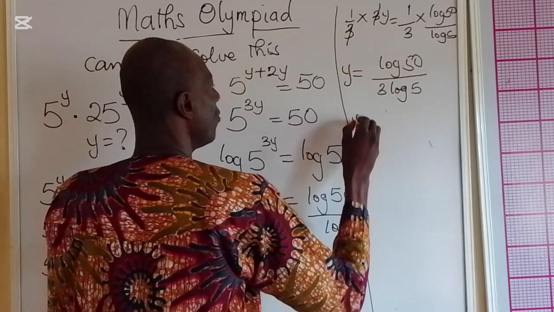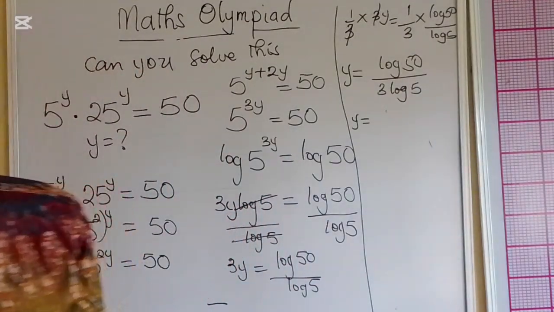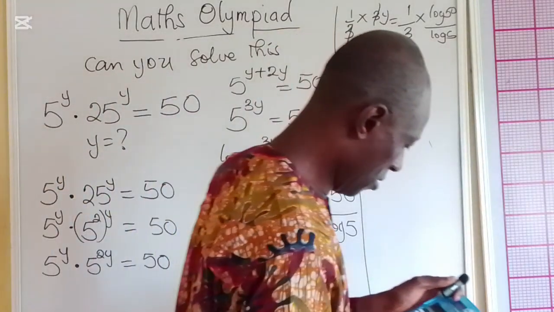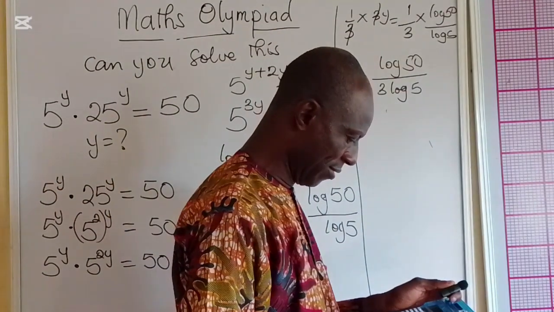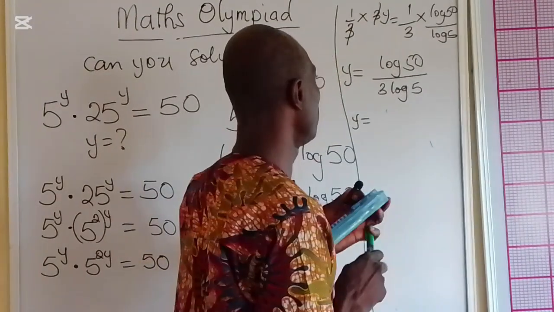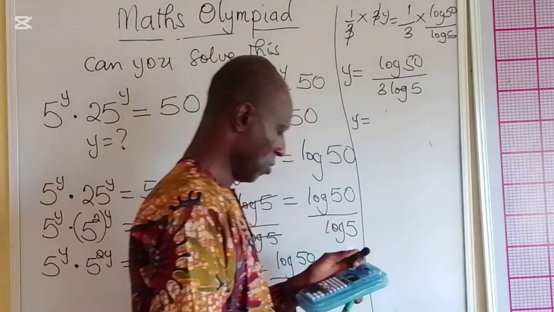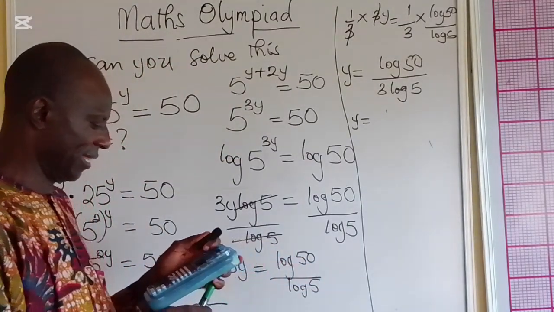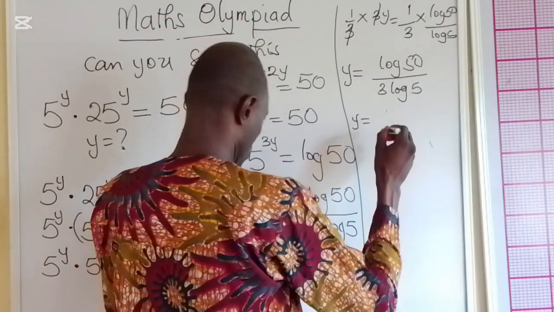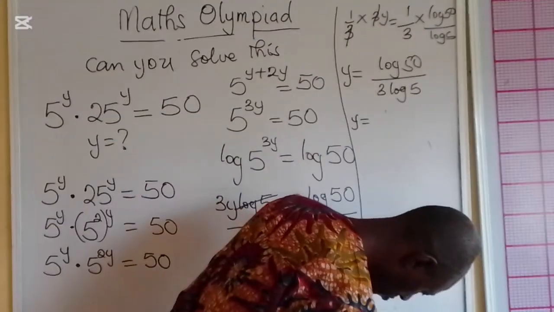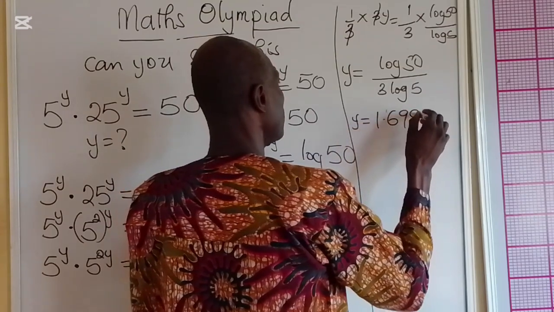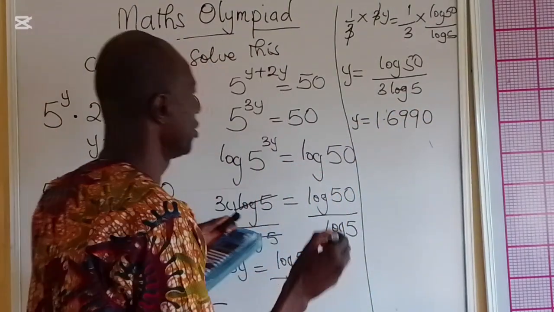So what is now log 50? The log of 50 will give you 1.6990 by approximation.